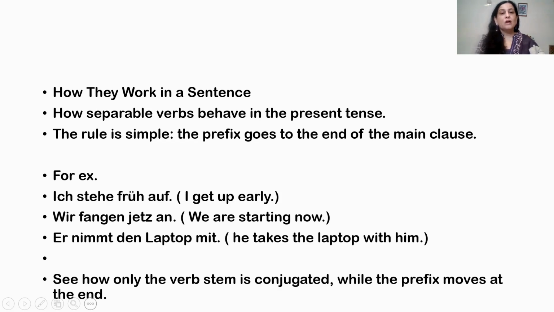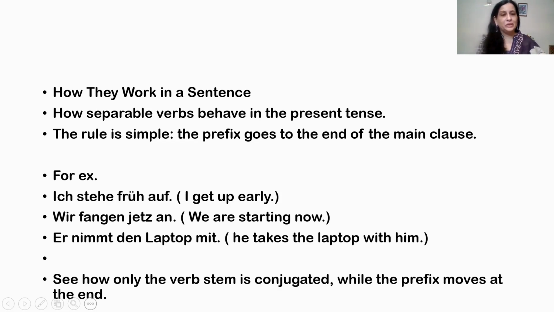Ich stehe früh auf, meaning I get up early. Here also, we are breaking the main verb aufstehen into two parts. Stehe comes at the second position and auf moves to the end of the sentence. Just like that, wir fangen jetzt an, meaning we are starting now.